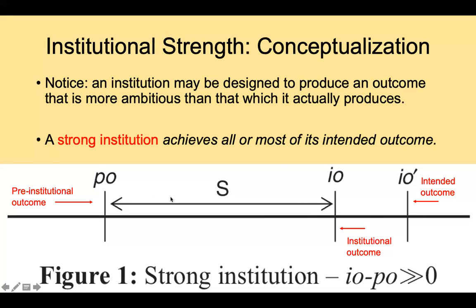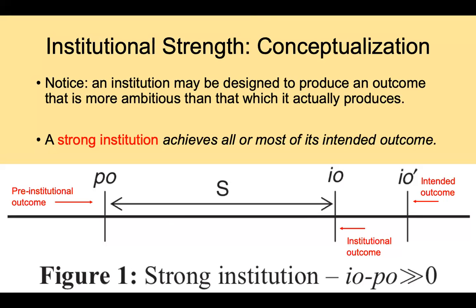Now, if we instead drew the line here and the institutional outcome fell far, far short of the intended outcome, we couldn't call that a strong institution. It would be a relatively weak institution because it would not be accomplishing most of what we intended it to accomplish. Instead, it would be falling short by a long shot.